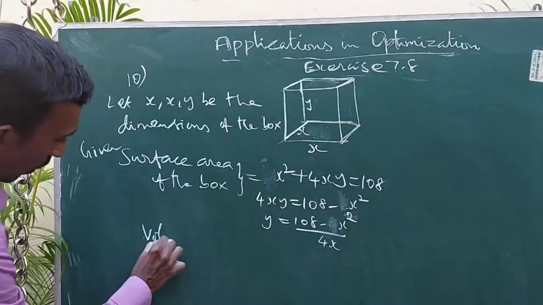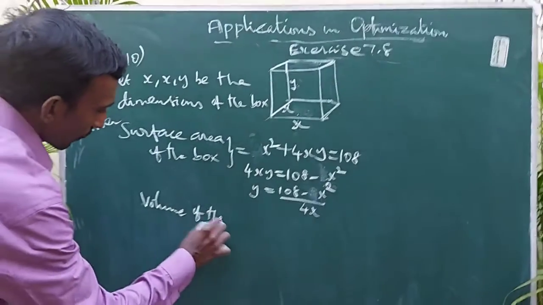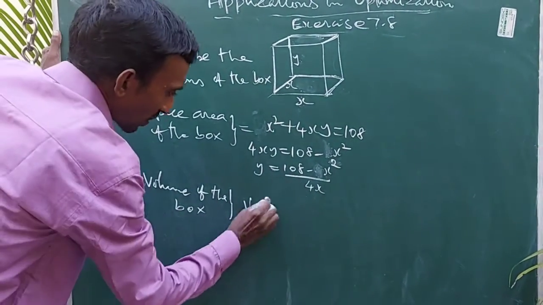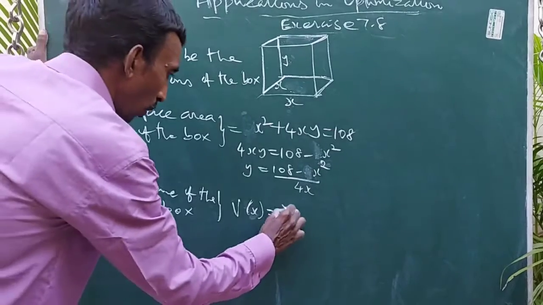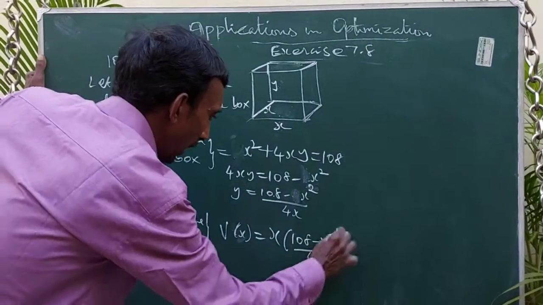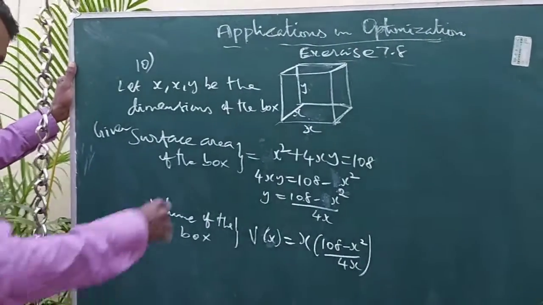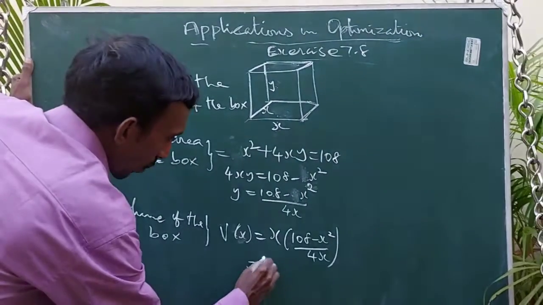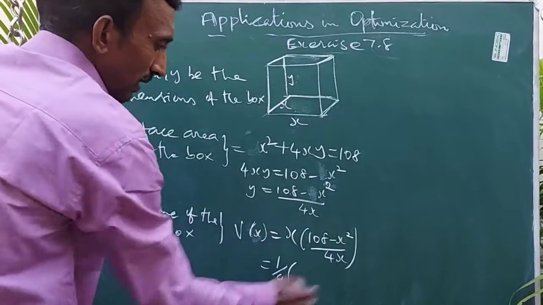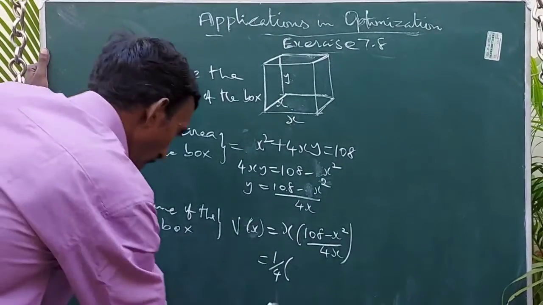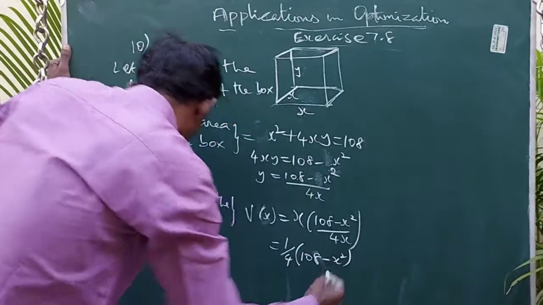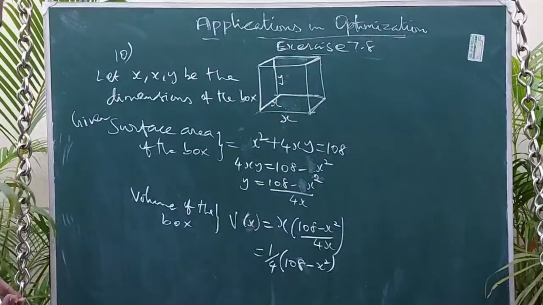Now volume of the box, capital V equal to V of x. Always V means V of x. So x square into y. So what is the y value? 108 minus x square by 4x. If you want, you can multiply inside.